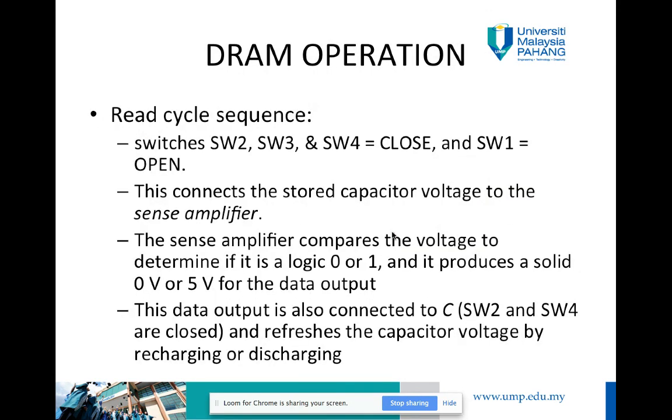The sense amplifier compares the voltage to determine if it is a logic 0 or 1, and it produces a solid 0 volt or 5 volt for the data output. This data output is also connected to C. SW2 and SW4 are closed and refresh the capacitor voltage by recharging or discharging. So this is the sequence of operation to read the DRAM memory.